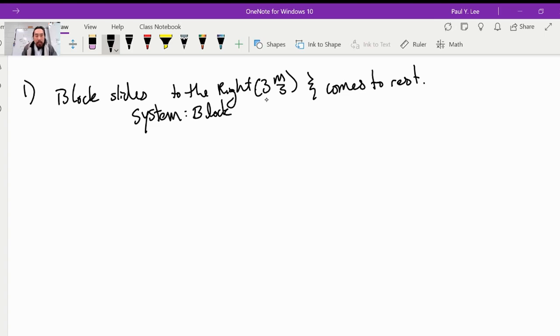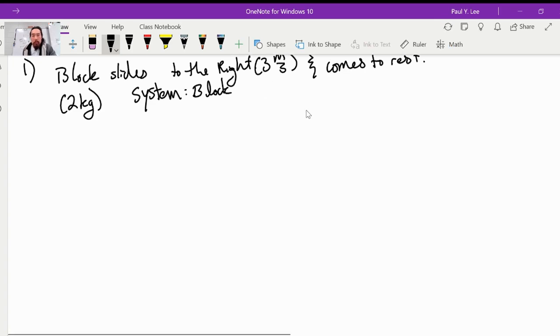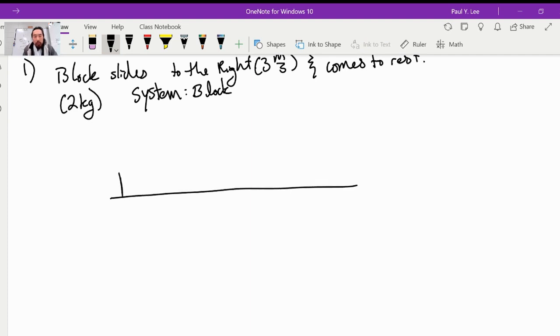And we'll say the block has a mass of, make it simple for us, 2 kilograms. Okay, so the solution to solving these problems is always the same. You first want to start off with a drawing, a before and after drawing. So here is my block of 2 kilograms. It's moving with the initial velocity of 3 meters per second. Right, those are my velocity arrows.